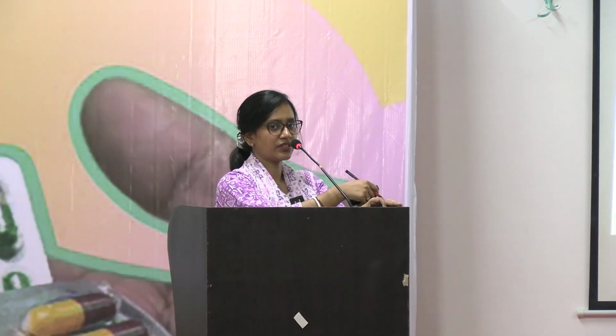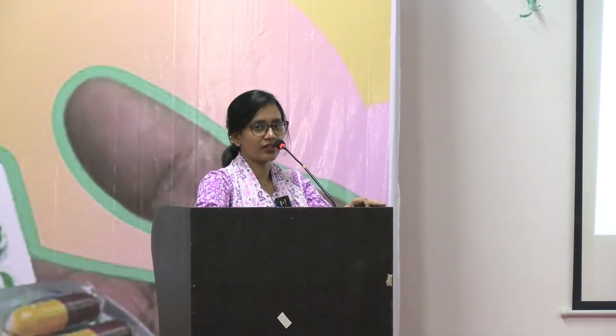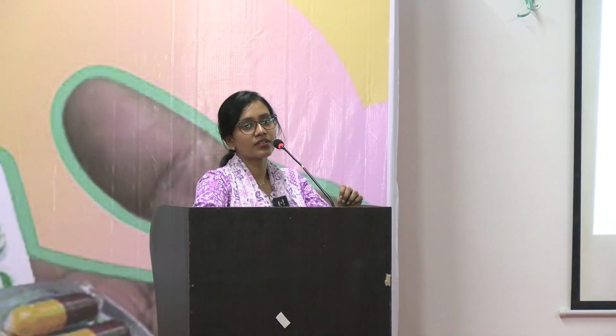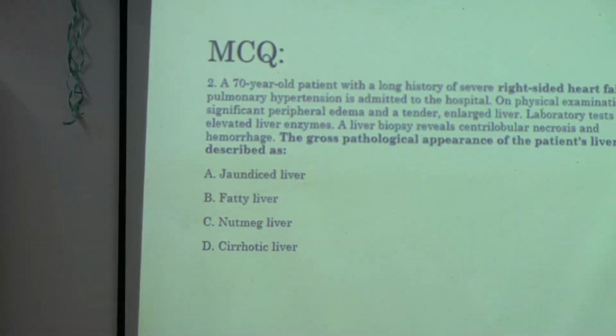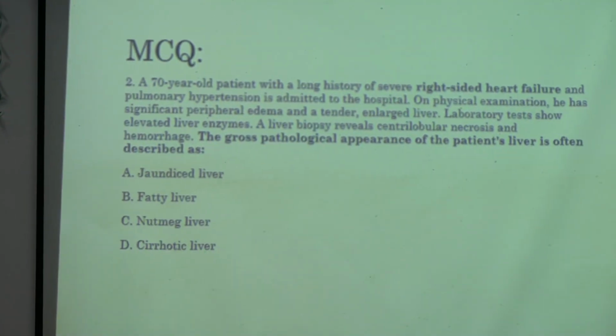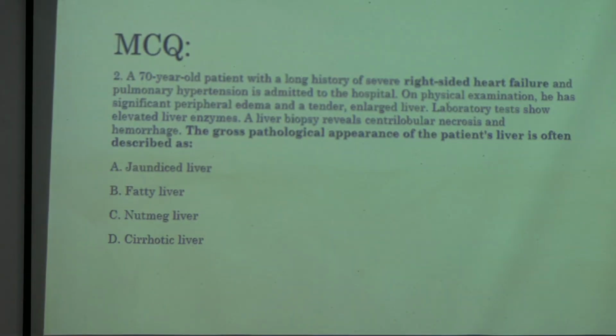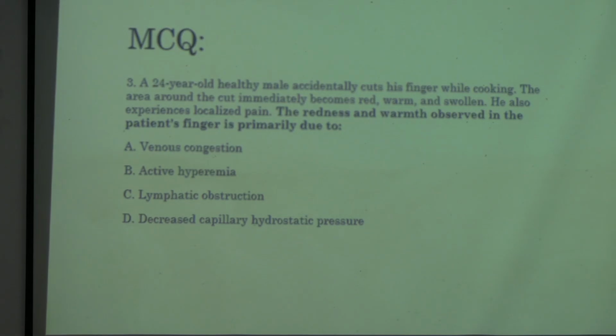So what will happen in left-sided heart failure? Congestion of which organ happens? Next, who will answer? Will somebody please volunteer? I don't want to call out. Yeah, this is easy, right? It's nutmeg liver.